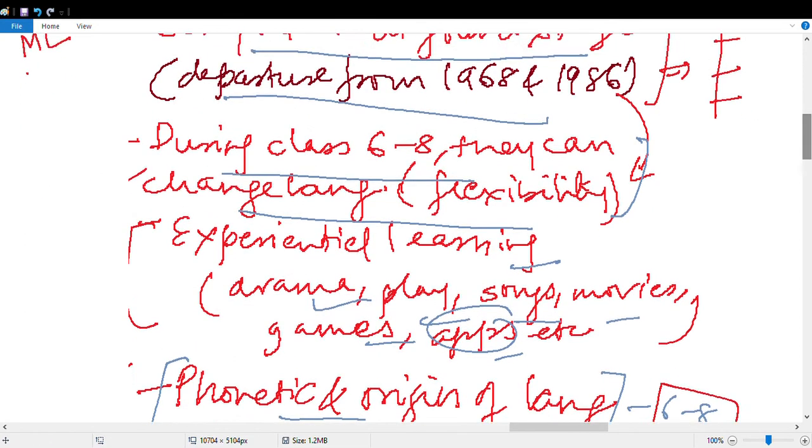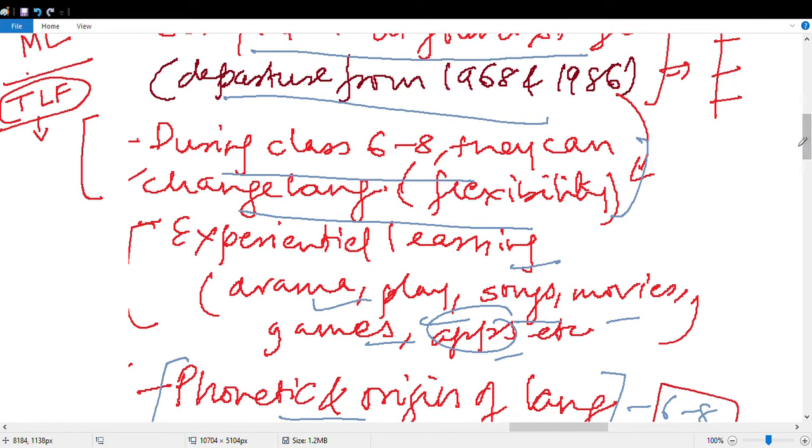But they have given an option, one should not confuse it, that it's not only restricted to the three language formula. It has suggested that it could be extended to more than three languages, four languages, five languages, or maybe six languages, for which they have provided an option of changing of language between class 6 to 8, which would be flexible in nature and optional.